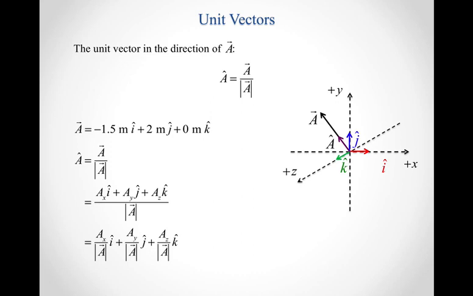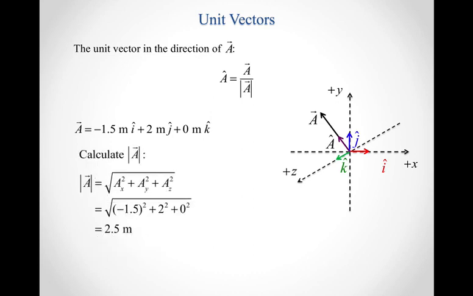And so that scalar magnitude distributes over all 3 of those terms. So this means that I can get the x component for A hat, this unit vector, by taking the x component of vector A and dividing by the magnitude. I get the y component of the unit vector by taking the y component of vector A and dividing by the magnitude. I get the z component of my unit vector by taking the z component of vector A and dividing it by the magnitude.